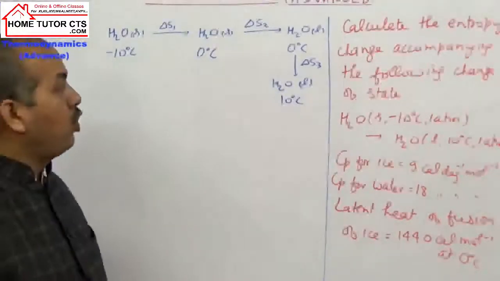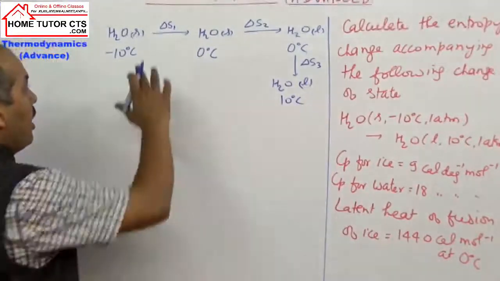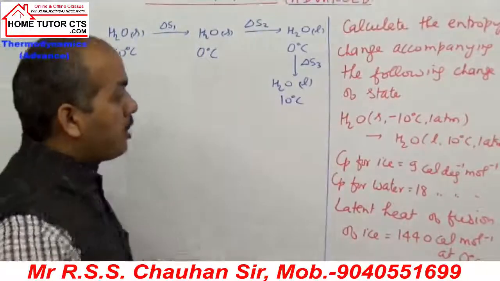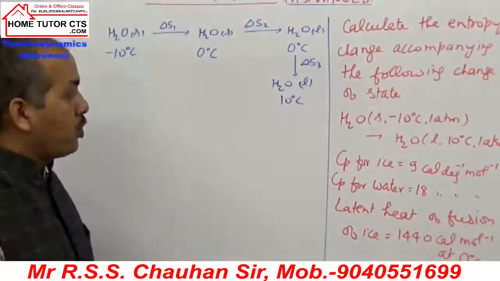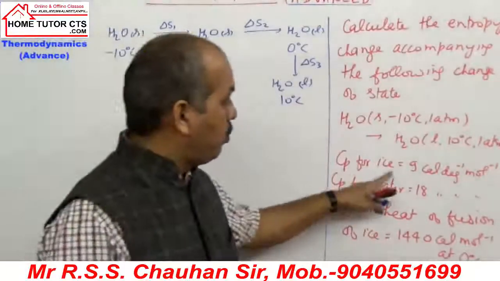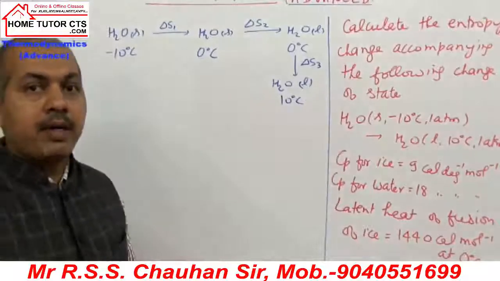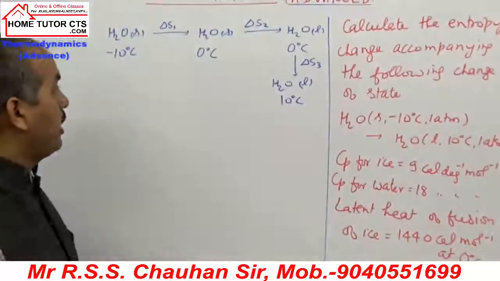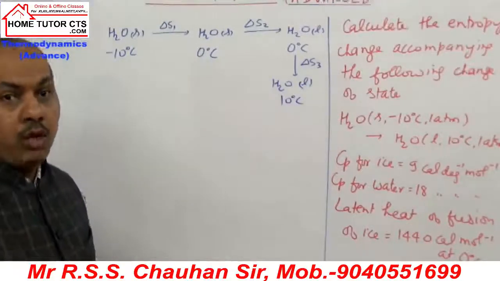Then for the reaction overall, we can get the entropy change. So let us see how to find the first value. Pressure is constant throughout, so we can take Cp values. Moles of water is not given, so we can take all the values given per mole. So you can find delta S for the entire process for 1 mole of substance.